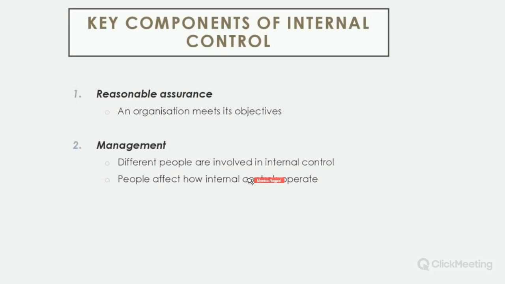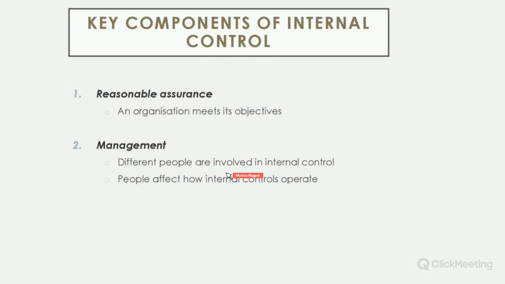Moving on then, the key components of internal control is about making reasonable assurance that the organization meets its objectives, financial objectives and goals. It's about management, that different people are involved in internal controls and people affect how internal controls operate within the business.